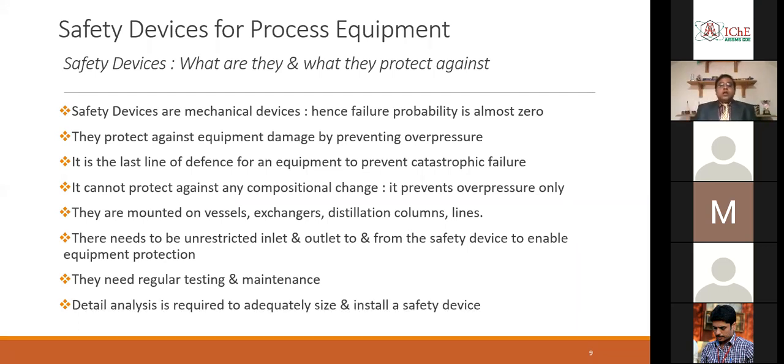And you will know later that detailed analysis is required to adequately size and install a safety device. This is very important. Sizing and proper installation is very important. We will know about it subsequently.